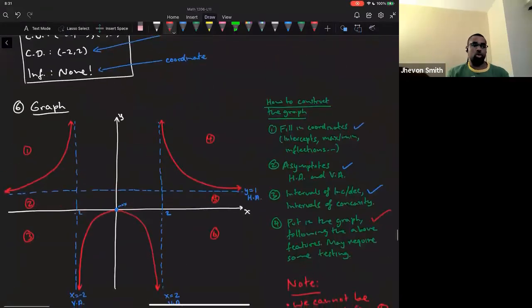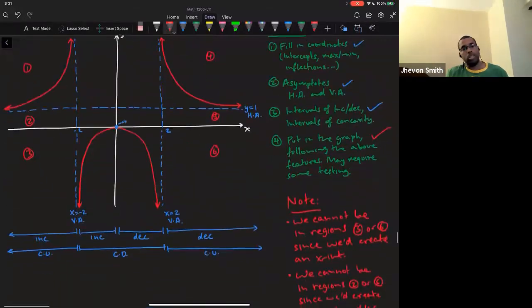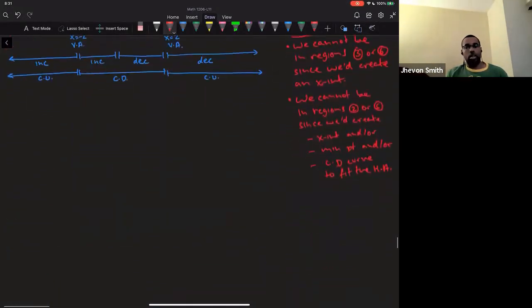Right, so there are a bunch of reasons why we couldn't be in regions 2, 3, 5, or 6, right, which is what I mentioned. And so we have to be there.